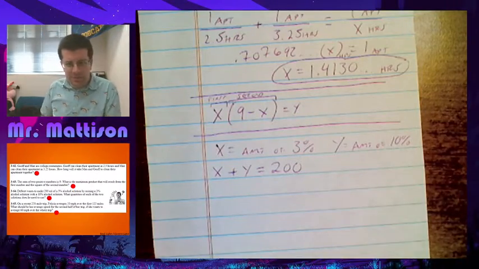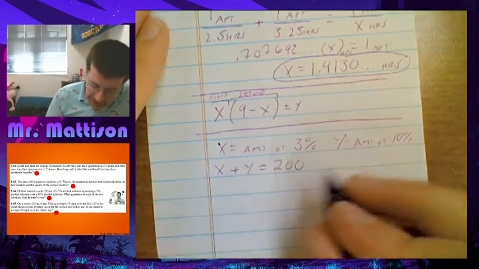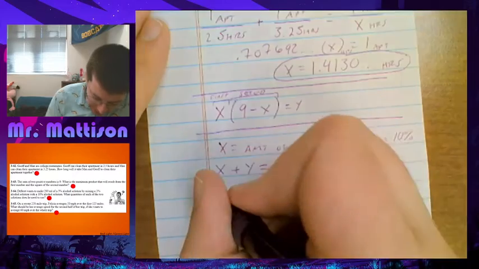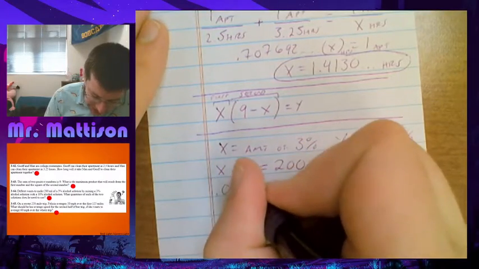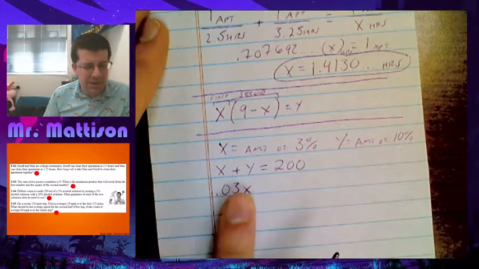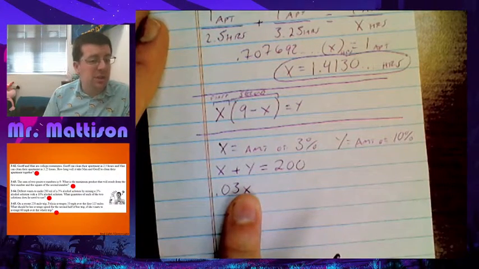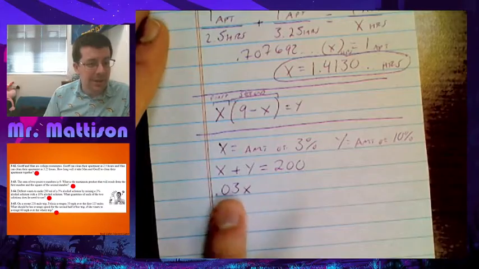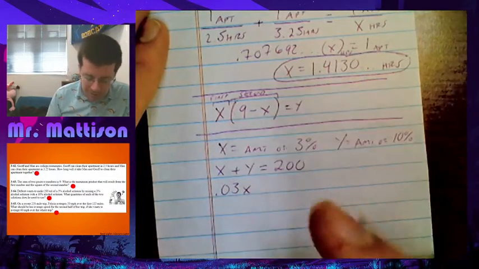Now the other bit that I know is the amount of alcohol that I have in my solutions. So I get 3% from my x, so I get to do 0.03 times x. So 3% alcohol times the amount of my 3% is how much alcohol I am getting from my 3% solution.